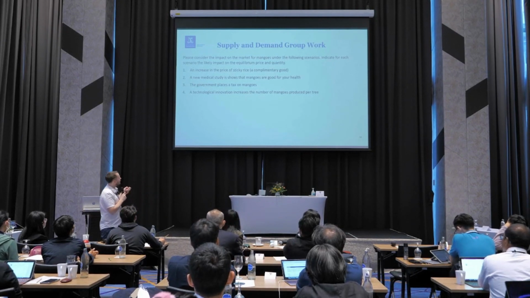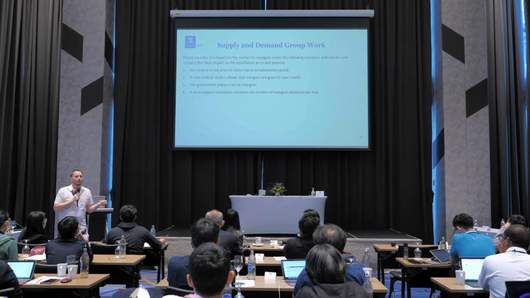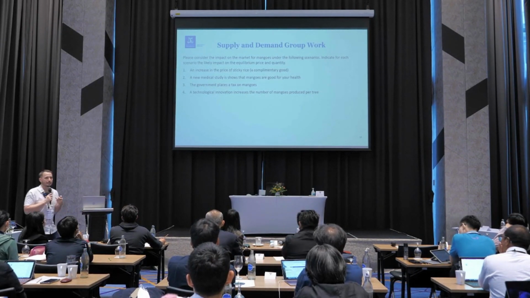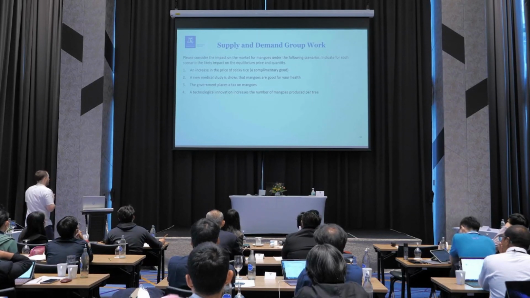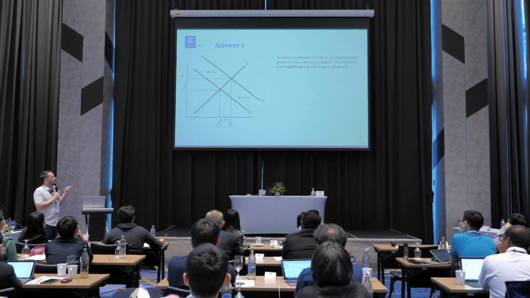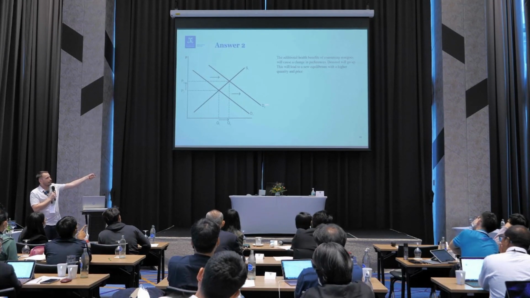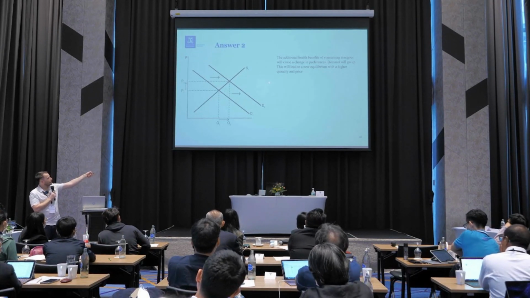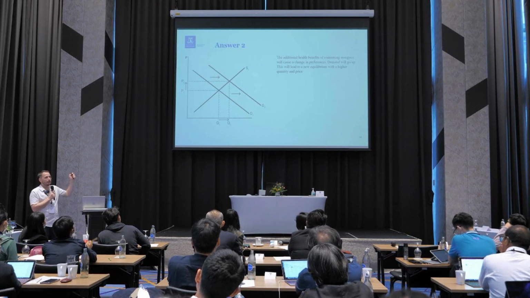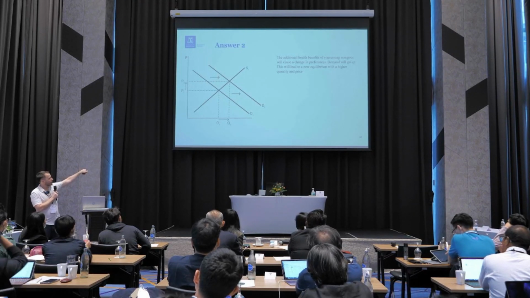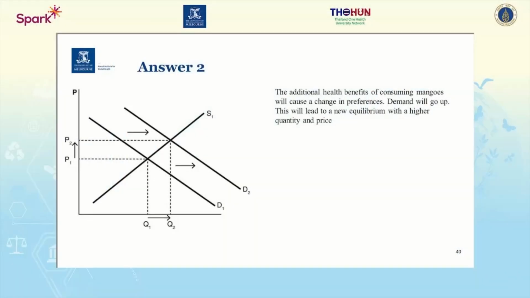And if we think that mangoes are better for us, do we consume more or less? More. Okay. So now we started here, demand shifts to the right. And the impact on quantity and price is that both will increase, starting from our initial quantity and initial price. So price increases, quantity increases.